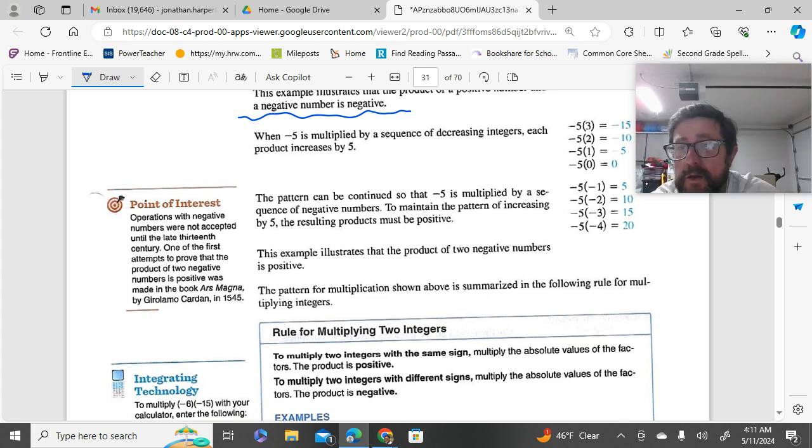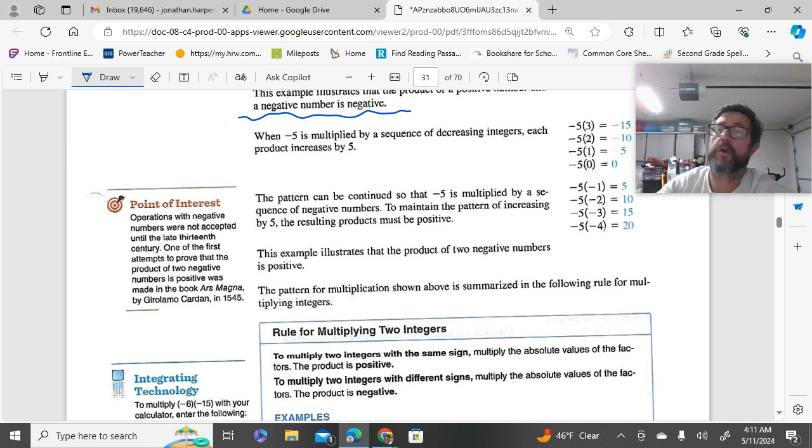So negative 5 times negative 1 equals positive 5. Negative 5 times negative 2 equals positive 10. Negative 5 times negative 3 equals positive 15. Negative 5 times negative 4 equals positive 20.